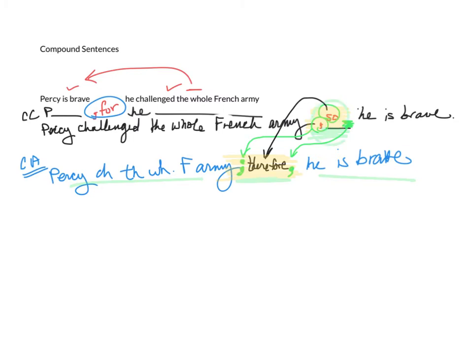Coordinating conjunctions, which are going to be your comma so, comma and, comma but. These are so common in the English language that they almost become invisible. So this sentence right here does not draw any attention to itself. That little tiny structure in the middle is almost invisible, and so this doesn't stand out in any way.